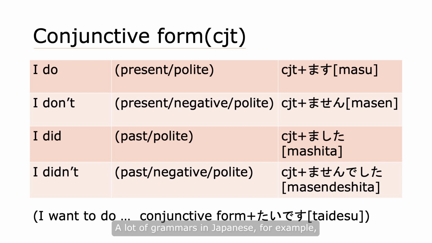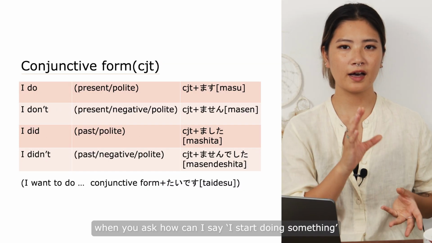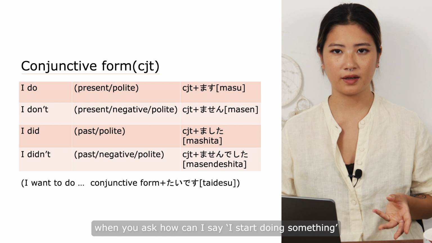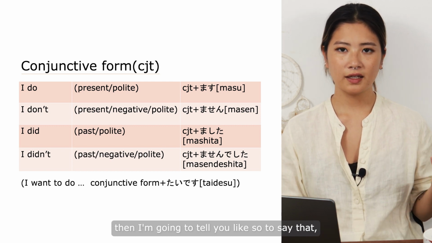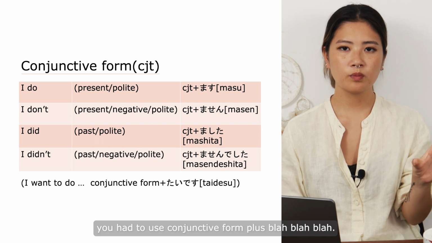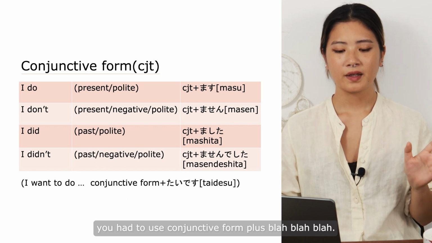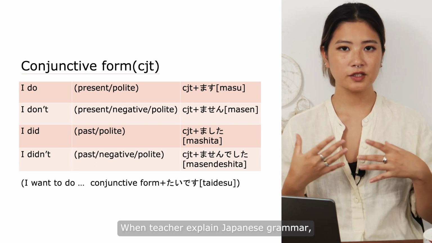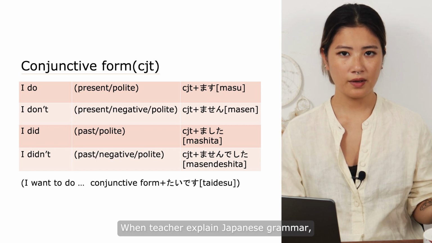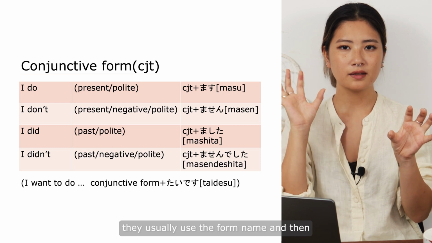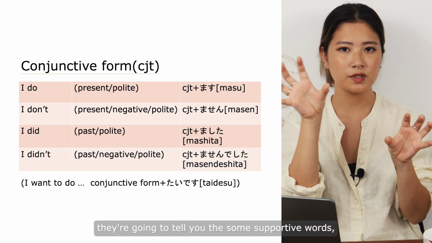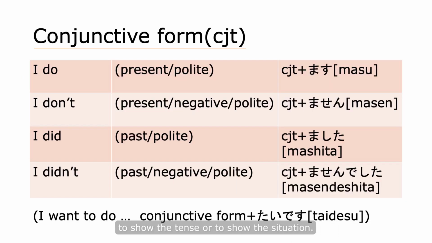When teachers explain Japanese grammar, they usually use the form name and then tell you some supportive word to show the tense or the situation.